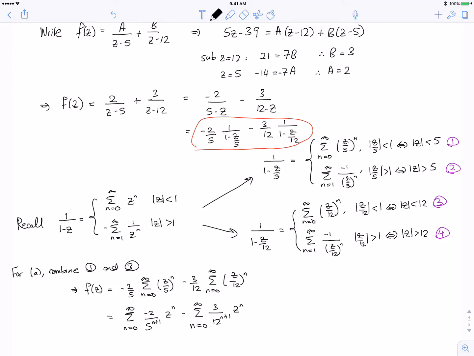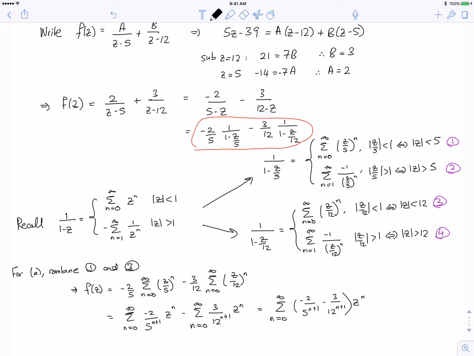And I guess you could combine those two. It's pretty easy to do in this case. So you can write it as the sum from n equals 0 to infinity of negative 2 on 5 to the n plus 1 minus 3 on 12 to the n plus 1, times z to the power of n. Yep, simple as that. So that would be the power series for part A.